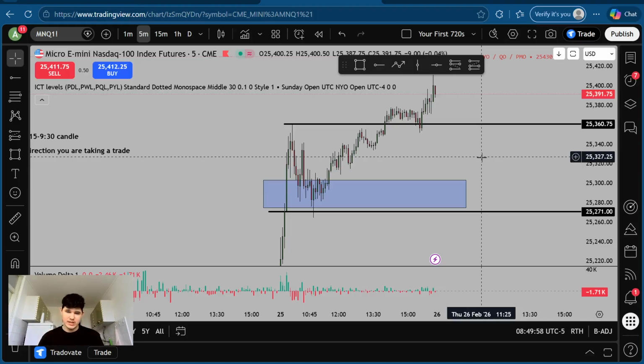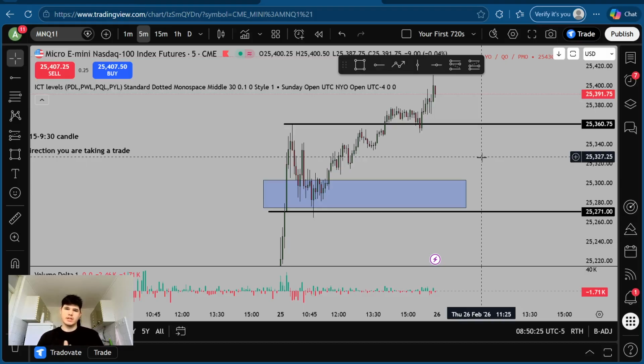Now there are B setups and all that other stuff, which like I said, we will go over other times, but it is important as a trader that you are able to identify when there is a high probability opportunity to then capitalize on that. Because you should be making a lot on your A plus setups. That is going to help you significantly.